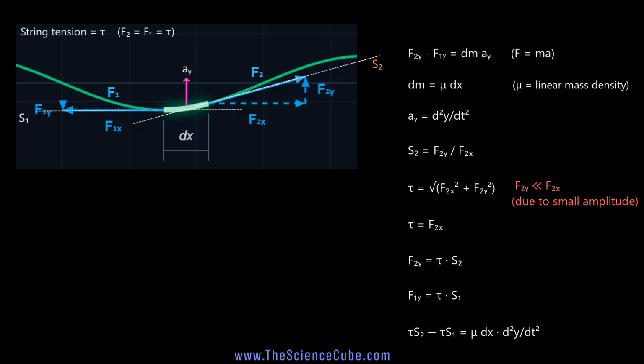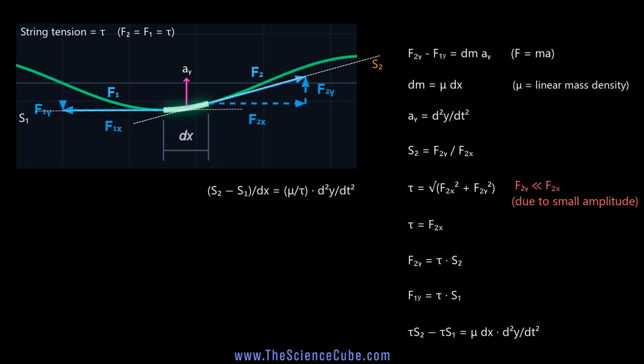Then dividing both sides by dx gives us (S2 minus S1) upon dx is equal to mu upon tension times d2y upon dt2. Now, since the string element is very short, the two slopes S2 and S1 differ by only a tiny amount ds.